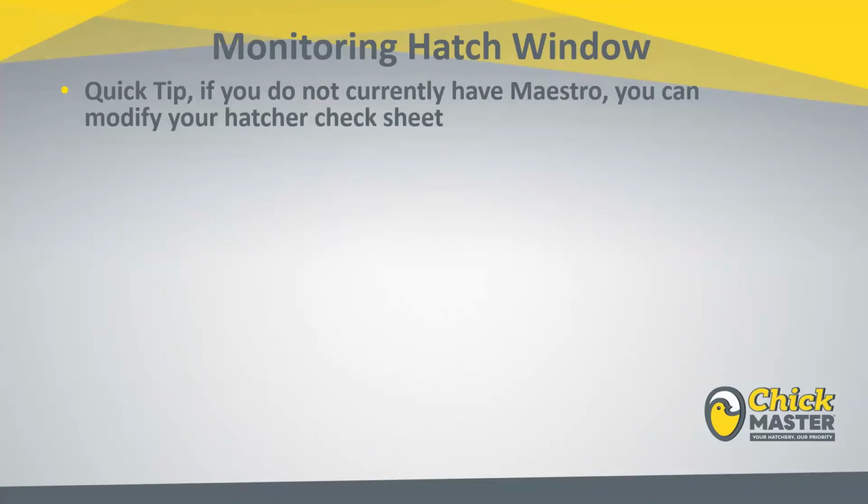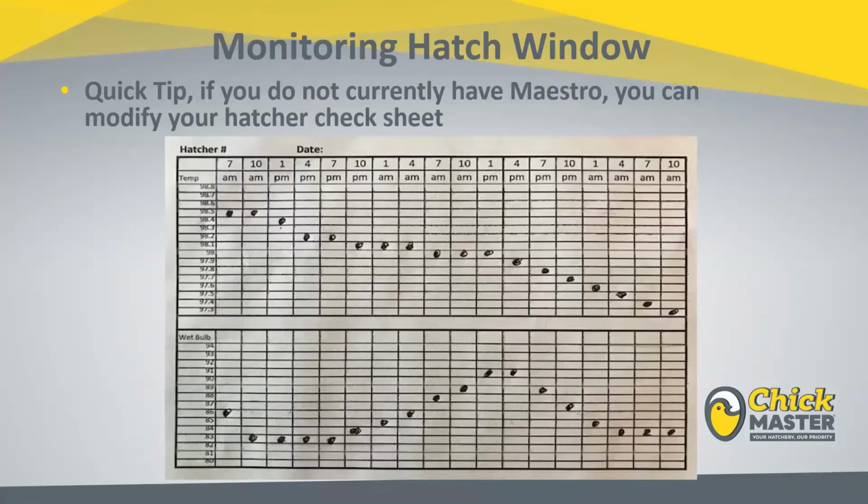This is a sheet that I ran across years ago at a hatchery, and I thought it was kind of interesting because they modified it so they could basically just put a little dot at where the dry bulb temperature was at that particular time, and then also put a dot where the wet bulb temperature was at that particular time.